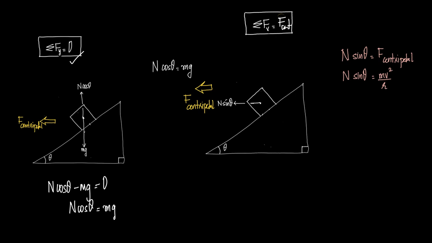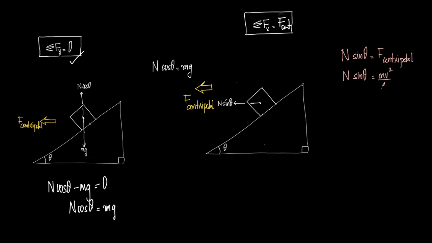Now what is the only force acting along the x direction? It is the horizontal component of the normal reaction, which is n sine theta. So when we say sigma Fx is equal to F centripetal, there's only one force, and since it is acting along the net direction of motion, we can say that n sine theta is equal to F centripetal, which is mv squared by r.